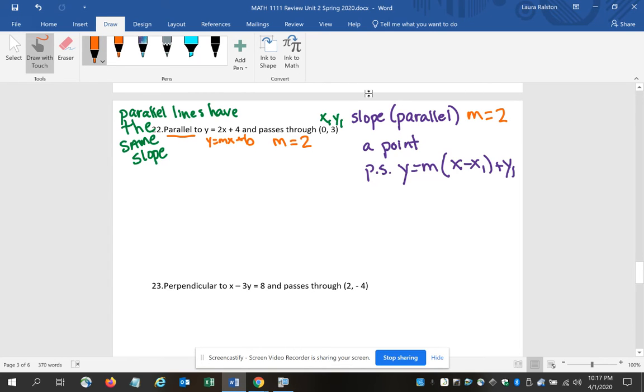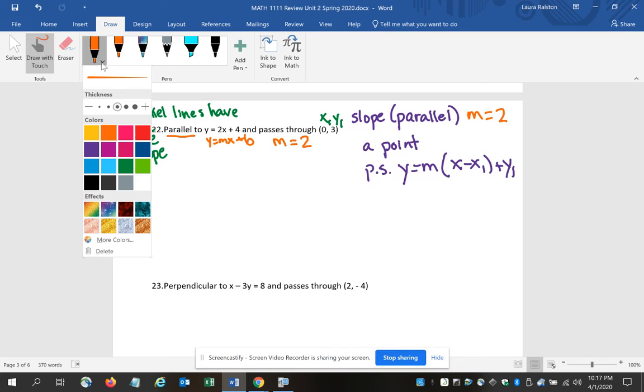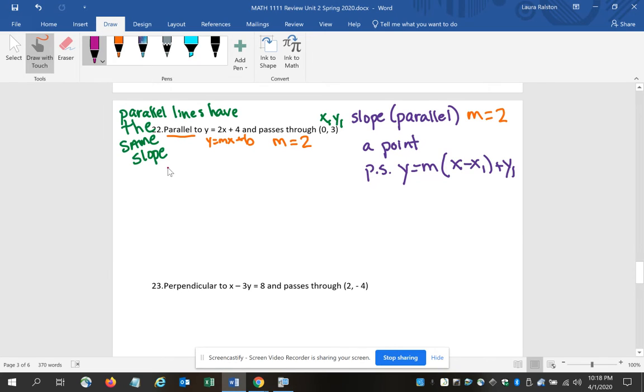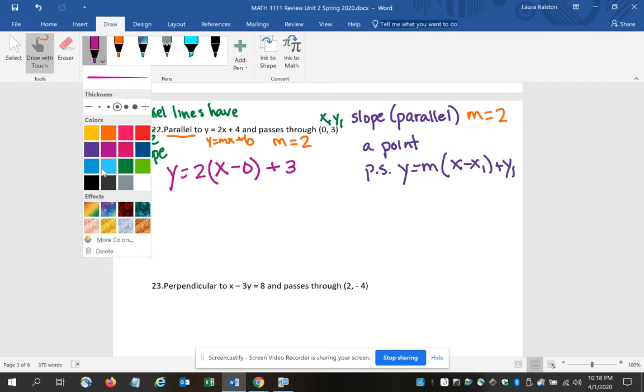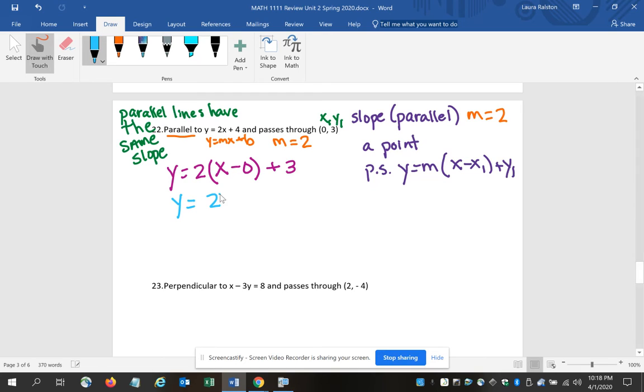So using a slope of 2 and the given point of (0, 3), I'm going to plug into point slope. So I have y equals 2 times (x minus 0) plus 3. And then I need to simplify that particular equation. Okay, so I'm going to distribute. So I have y equals 2x. 2 times x is 2x. 2 times 0 is 0, plus 3.